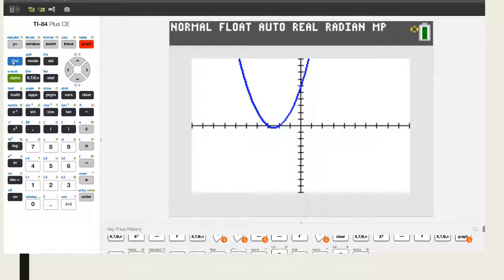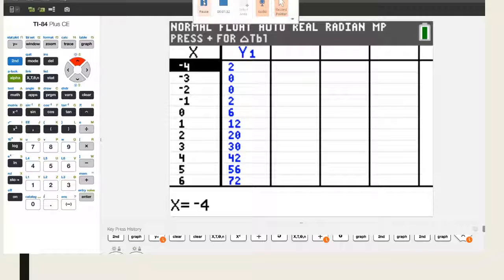Then if we look at the table, we should see that we have two x values with a y value of 0. And yes, looking at the table, we find that we have two x values, -3 and -2, where the y is equal to 0.